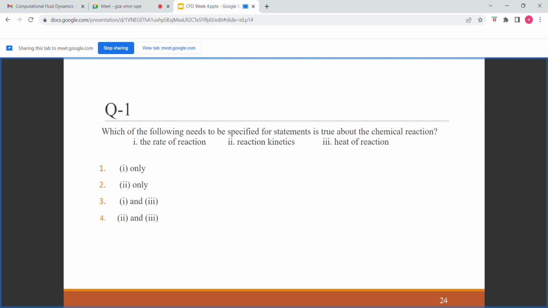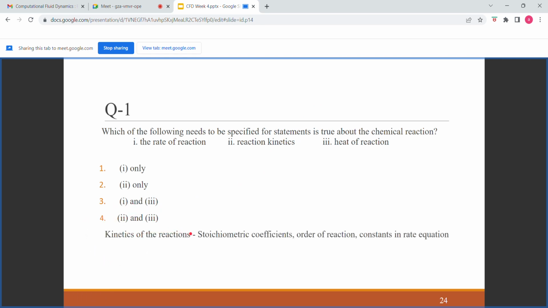In the previous problem also we saw that we need to know the kinetics of the reaction to solve problems related to chemical reaction. So the rate of reaction need not be specified completely, but the reaction kinetics should be specified. And option 3 is the heat of the reaction. The heat of the reaction should be known so that we can use it in the heat transfer problem. So options 2 and 3 are correct, that is option 4.